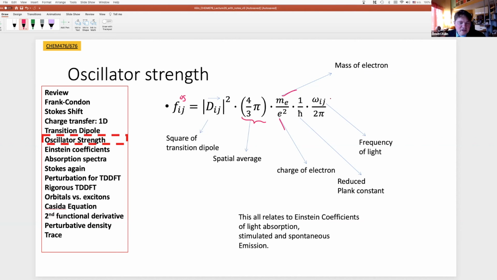All these things are included in the code, and when you are using the oscillator strengths file, then you practice the absorption spectrum.